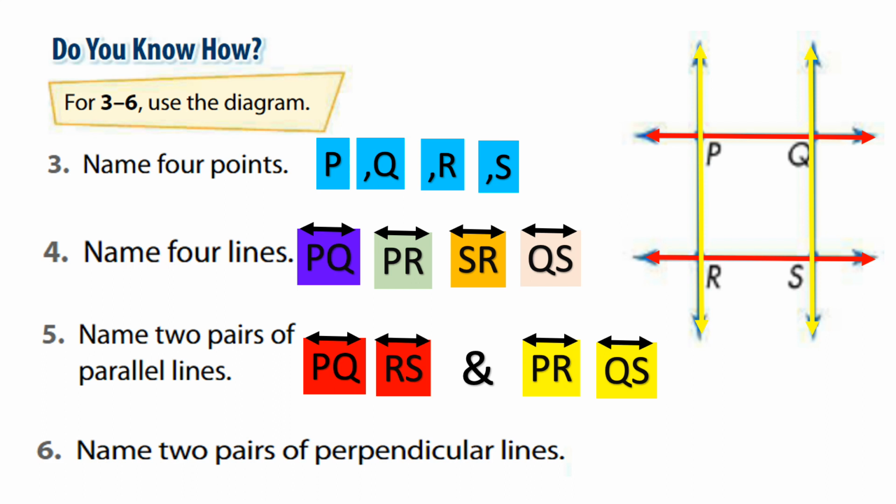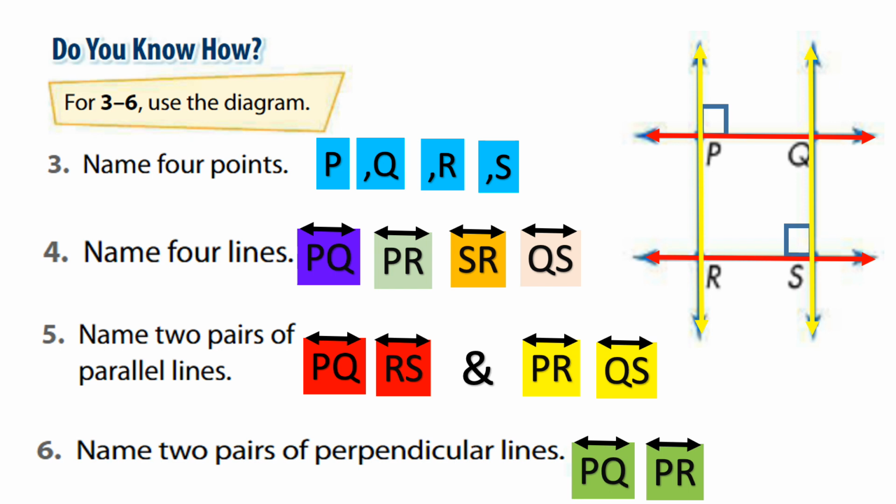Now we want to name two pairs of perpendicular lines. So of course I'm going to look at the corners because this will be very helpful. Look at the corners. At any time if you find that you have a right angle corner, this means that the two lines are perpendicular. In this case, you see the corner here at point P and another corner at point S, and we have another two corners.